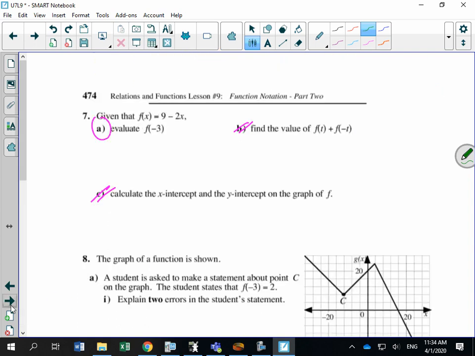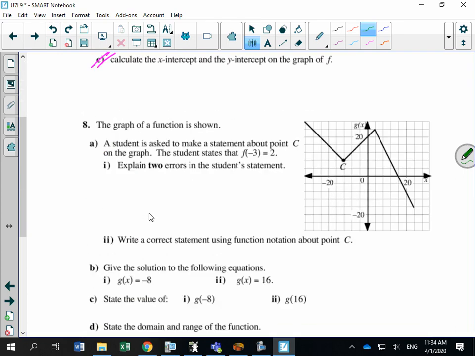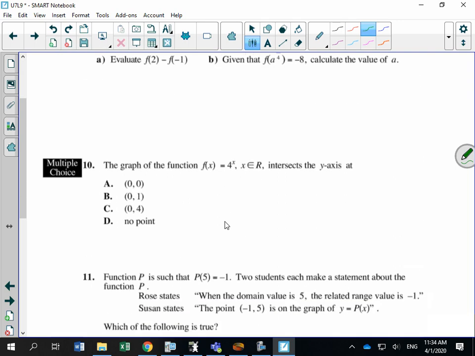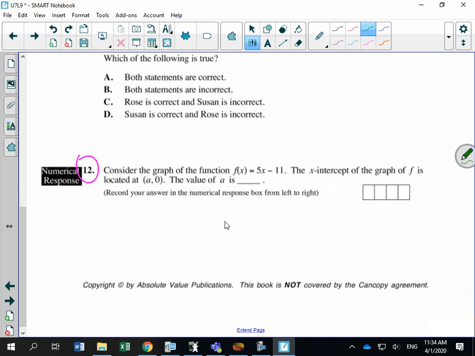For 7, I want you to do A. You're just inputting -3. When x is -3, what's the corresponding y value? And then the last question is 12. The value of A when y is 0, right? So what is A when y is equal to 0?